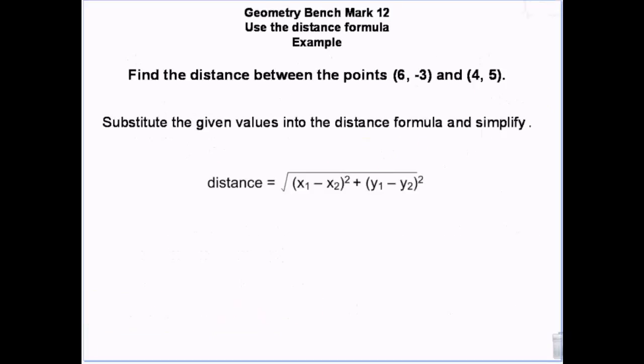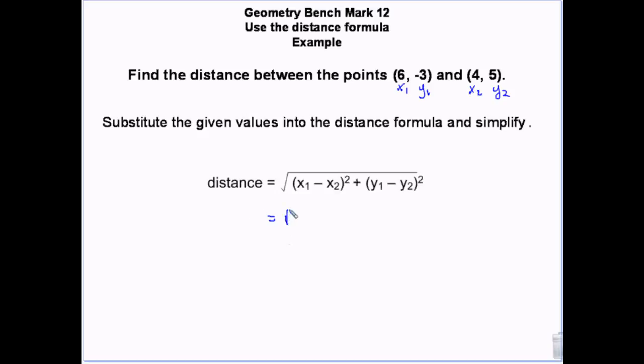What we're going to do is find the distance between these 2 points. You pick, these can be x1, y1, or this could be x1, it doesn't matter. I always just go in order and say this is the first ones and these are the second ones. But if you like it the other way, you could say these were the 2's and these were the 1's. That's okay, because the distance will be the same no matter which point you say is the first point.